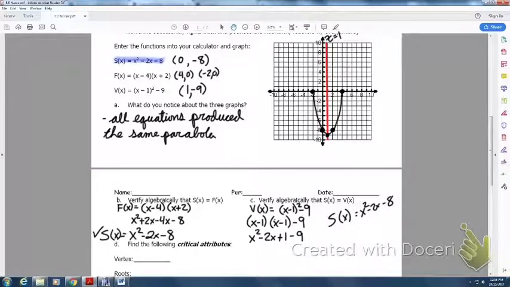Alright, this next part on D where it says find the following critical attributes. If you were following along with me, you wrote them right here. So just rewrite them down here. Your vertex is 1, negative 9. Then you've got your roots and your y-intercept.